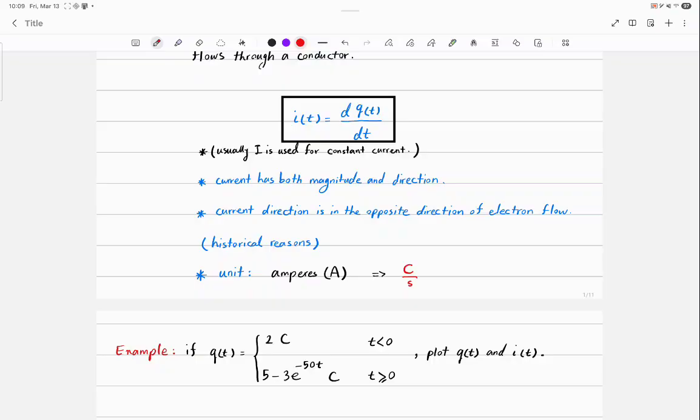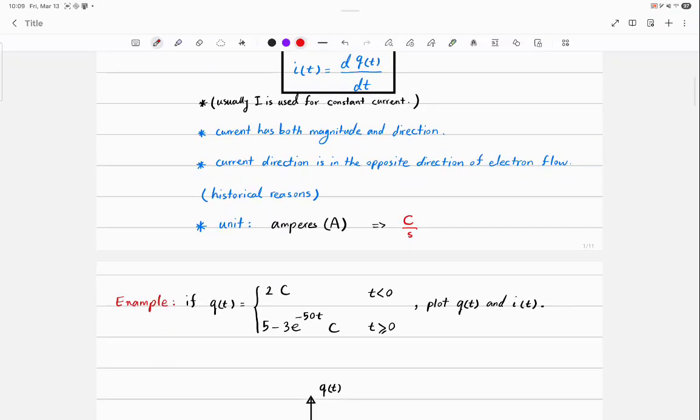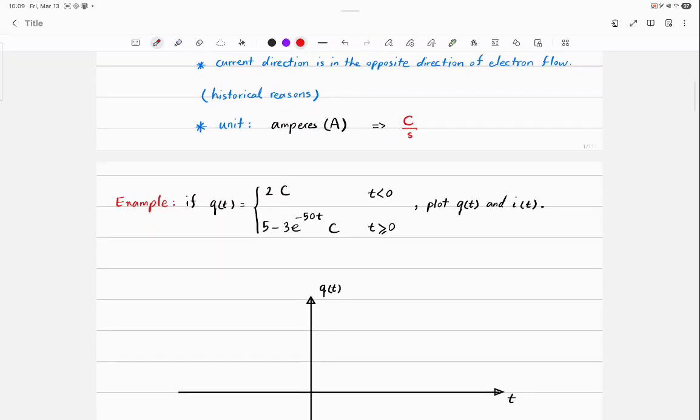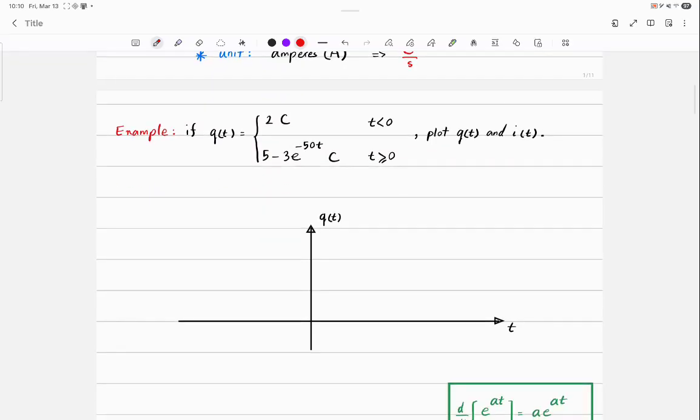Okay? Now, let's do an example on this and see where we're at. So, an expression is given to you for Q, for electric charge, which is a multi-part expression, and they are asking us to plot Q and I. Let's first plot Q, which is given to us.